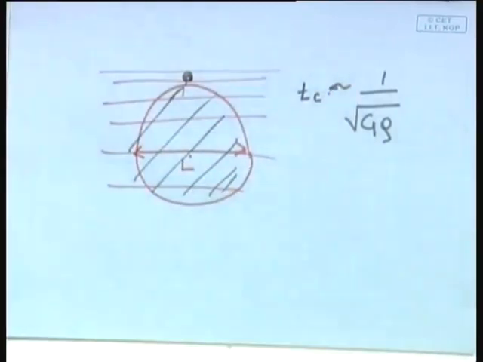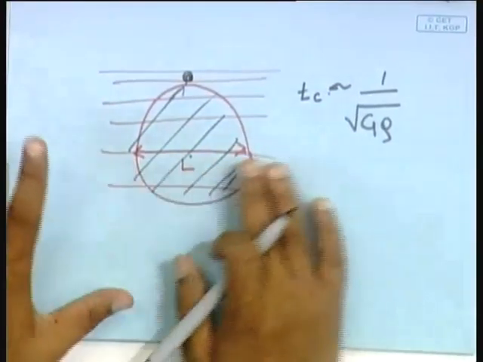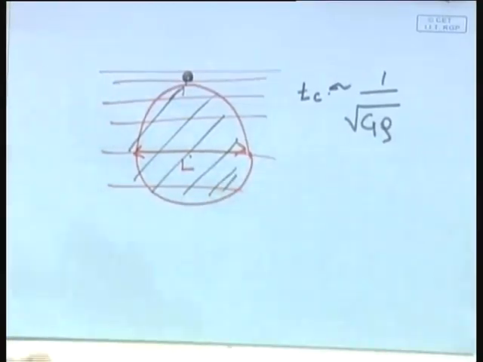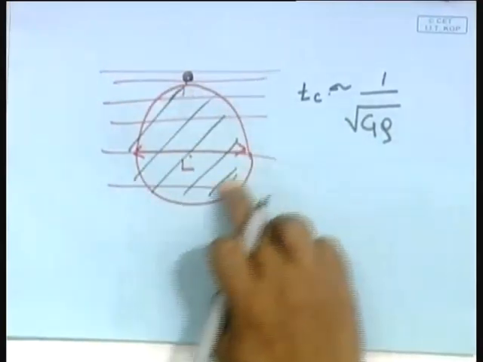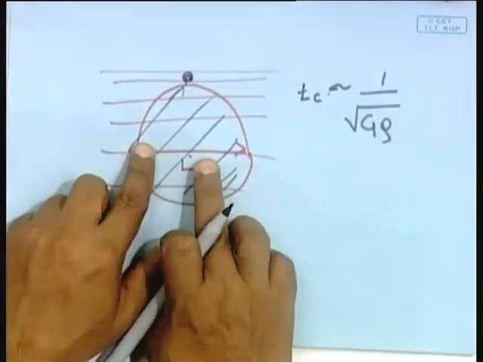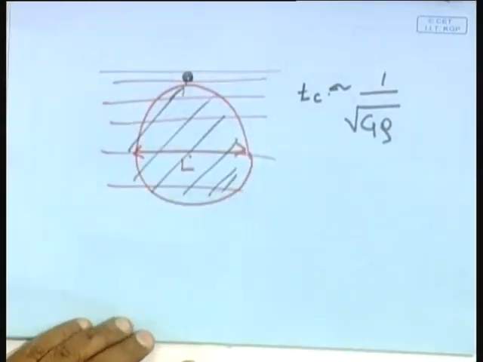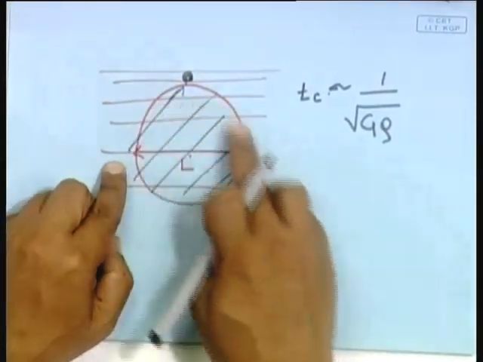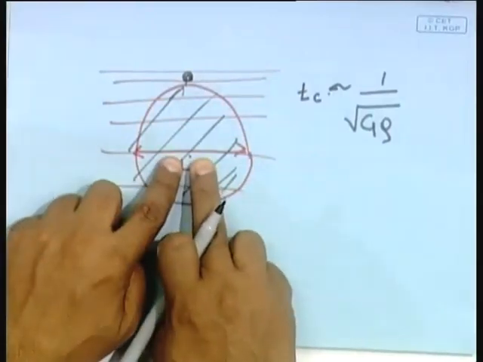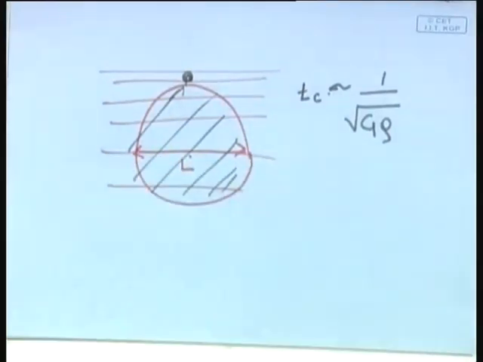So if I have a mass overdensity, the time it takes to collapse is 1 by square root of G rho. Now, in the gas that we are dealing with, in addition to gravity, there is also pressure. If I have an overdensity over here, a pressure gradient will develop to push it out. The pressure inside is more, which will try to push it out.